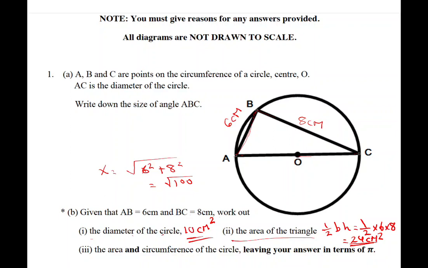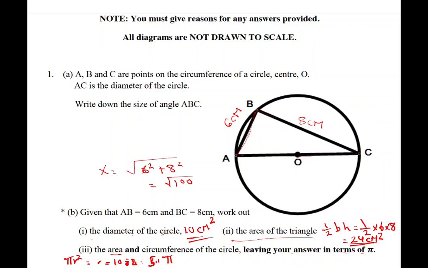Now the area and the circumference of the circle, leaving your answer in terms of pi. Now if you want the area of the circle, area is equal to pi times r squared. But how can I get r? I have the diameter that is equal to 10. So r is equal to 10 divided by 2, which is 5 centimeter.